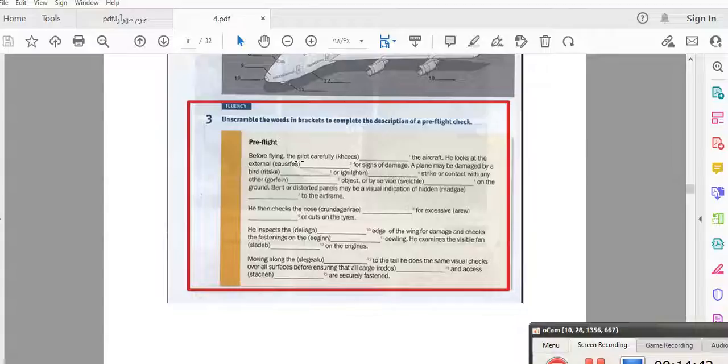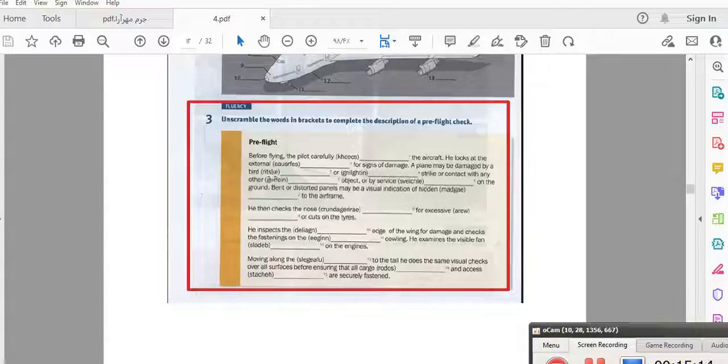Before flying, the pilot should carefully check the aircraft. He looks at the external surfaces for signs of damage. A plane may be damaged by bird strike. Okay, because it's important for the engine, and you should check it. Actually, the pilot should check it, not you. Bird strike.